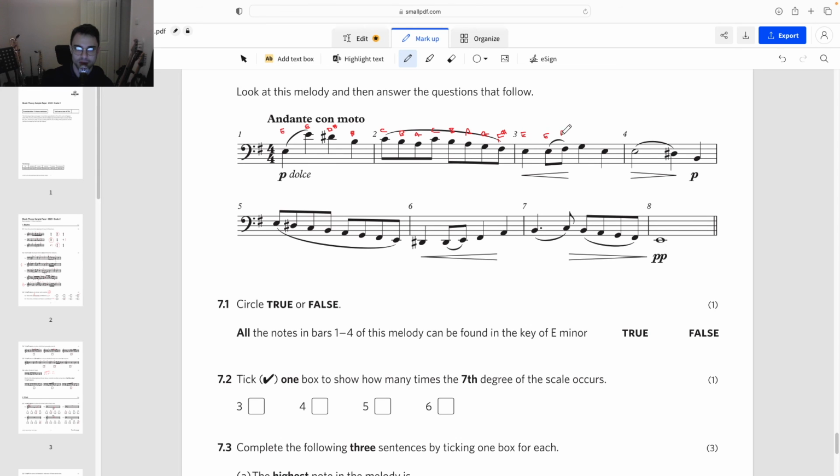E. E, F sharp, G, E, E, D sharp, and B. So all of these notes are in the key of E minor. True.